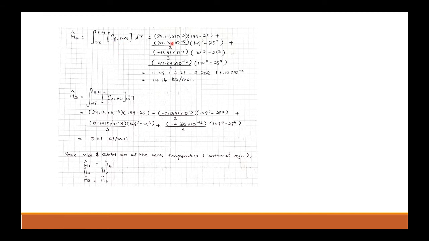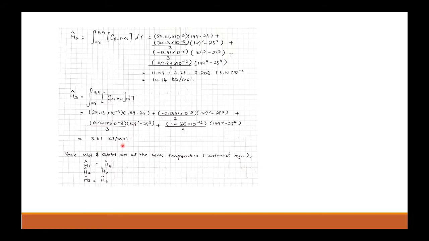We look for the A, B, C, and D values from the table and substitute them in, and we integrate from 149 to 25 degrees Celsius. We get 14.14 kilojoules per mole. We do the same thing for H3 and we get 3.61 kilojoules per mole.